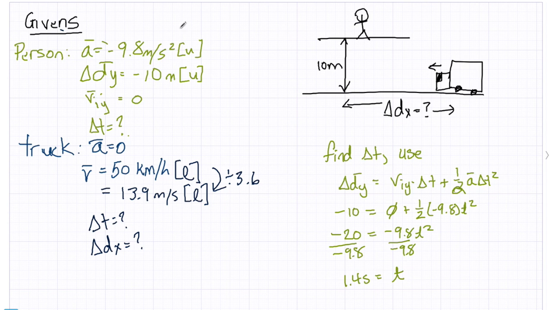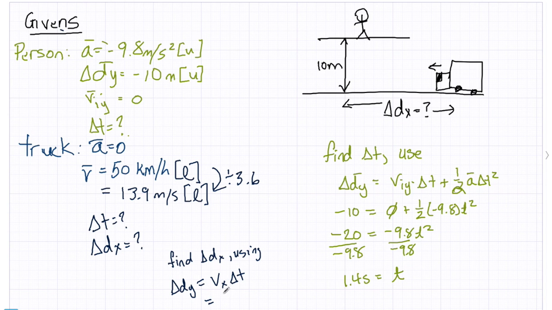Now, what we do is we use that information and we find delta d. We're going to use the same formula, but the exception is that this term actually goes to 0 because there is no acceleration. So therefore, we're just left with these two. And that makes a lot of sense because to figure out the distance that something goes, we just take how fast it's going, which is Vx, multiplied by the time it takes to go that distance.